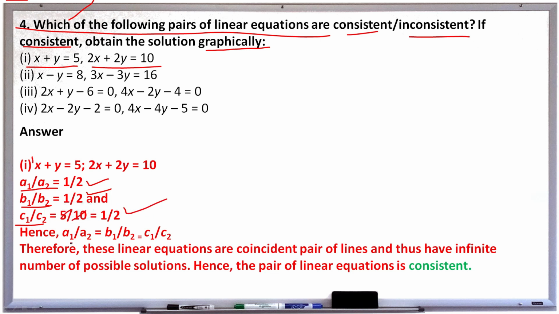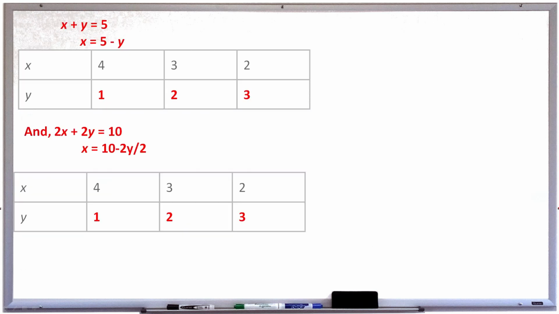So all the values are equal: a1 by a2 is equal to b1 by b2 is equal to c1 by c2. So the lines are coincident. The pair of lines has infinitely many solutions. Hence the pair of linear equations is consistent. So if it is consistent, we have to draw the graph. For this question you can draw the graph.